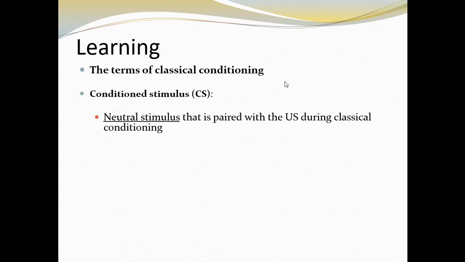The conditioned stimulus, or the CS, is an initially neutral stimulus that is paired with the unconditioned stimulus during classical conditioning. Now, let's start here. This part here about an initially neutral stimulus. It's neutral before the learning process begins, because before any learning occurs, it does not elicit a response.